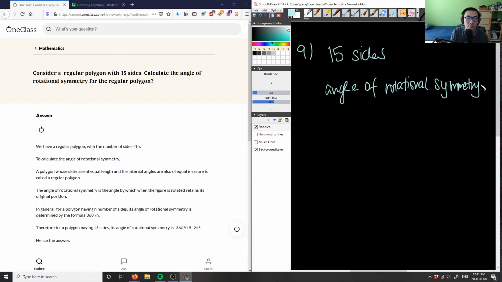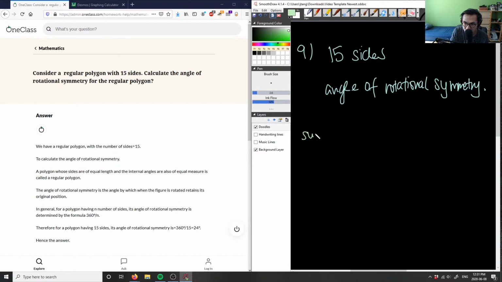So what we can do right now is visualize this. It's really hard to visualize a polygon with 15 sides, but in geometry we have to recognize that for any polygon, the sum of the interior angles is going to equal 360.